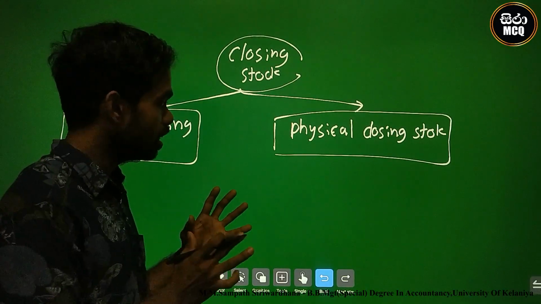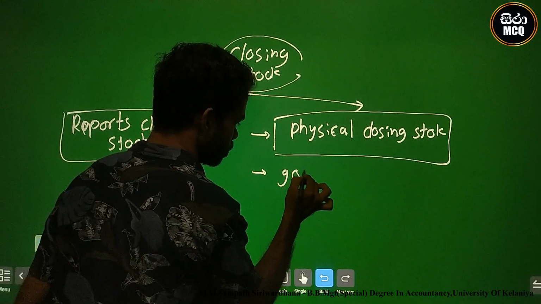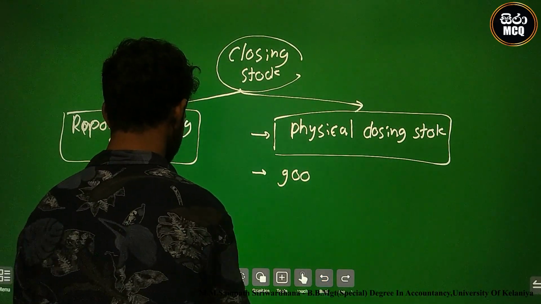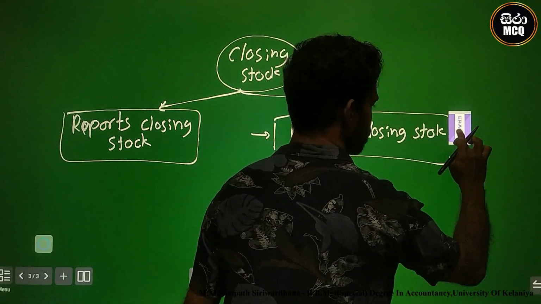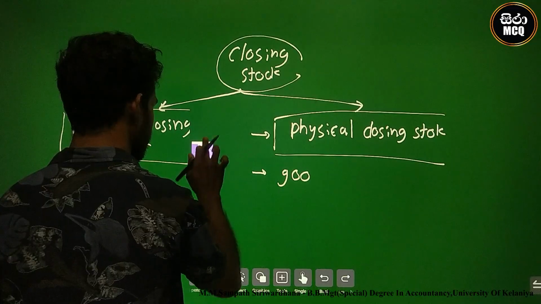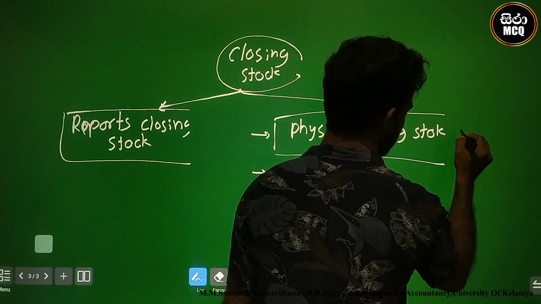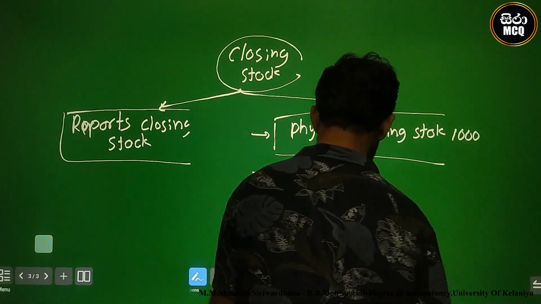The main thing is there is another piece of information, goods drawings. There's a closing stock. We use values. The physical closing stock was 100.